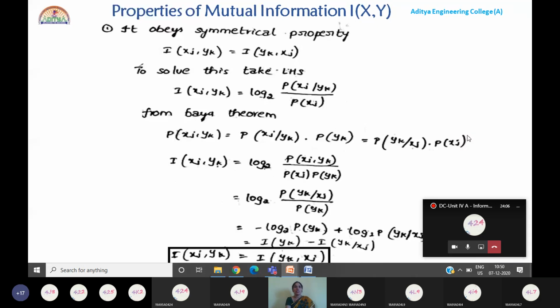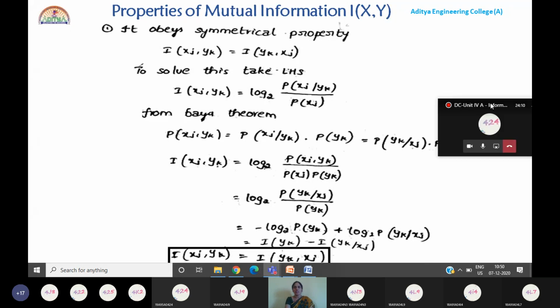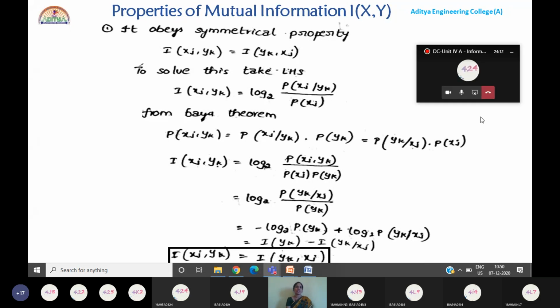Okay, now let us go through the mutual information properties. See, I already told you the first 4 properties of mutual information. I will just revise them for 10 minutes. So what is the first property of mutual information? It obeys the symmetrical property. Here, capital I of XY is the average of mutual information.